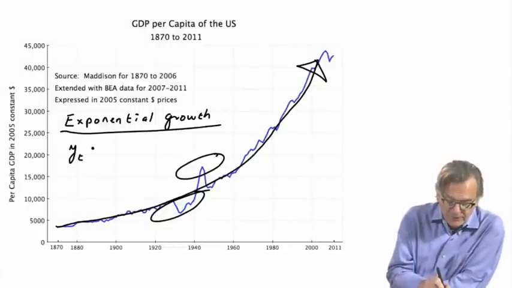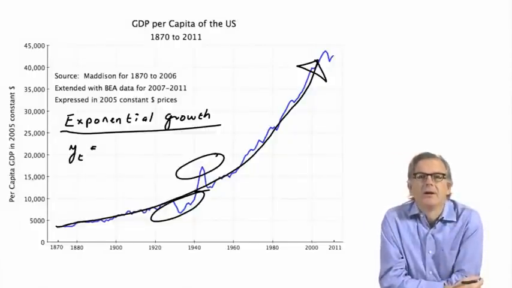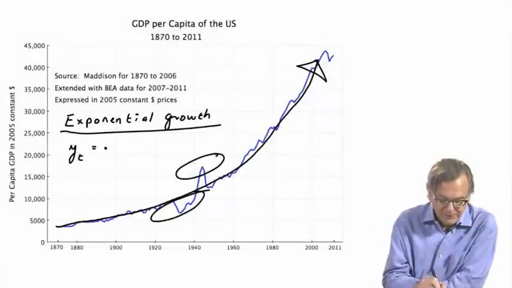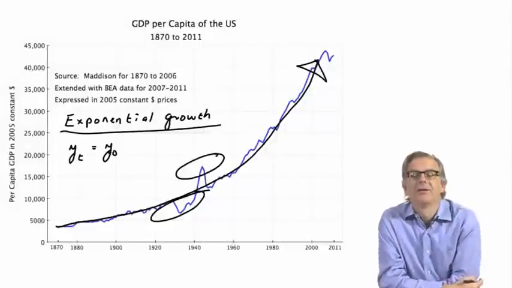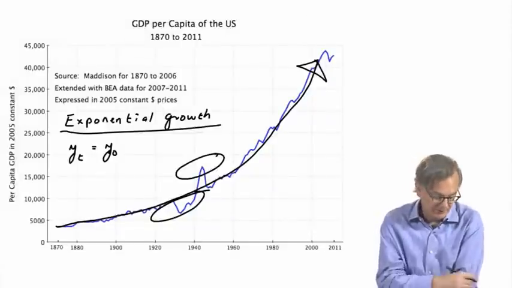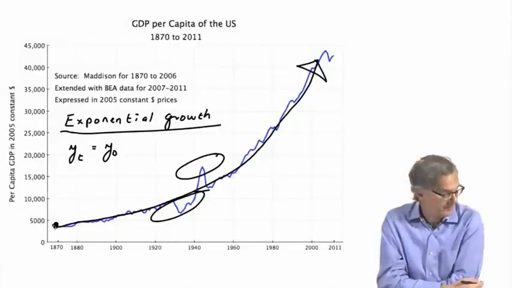A variable that grows exponentially can be represented using the following formula. The value for GDP in period t can be related to the value of GDP at some initial period, and we'll call that initial period Y0. So that might be here, for example, 1870.